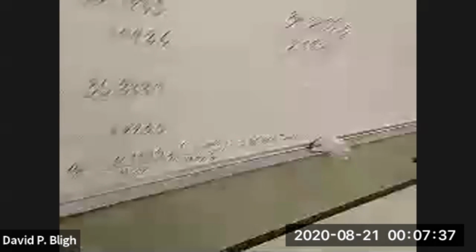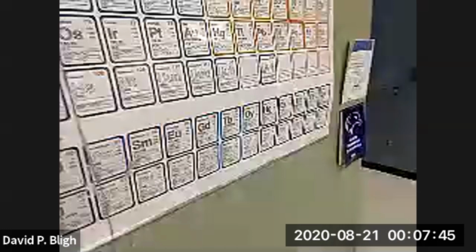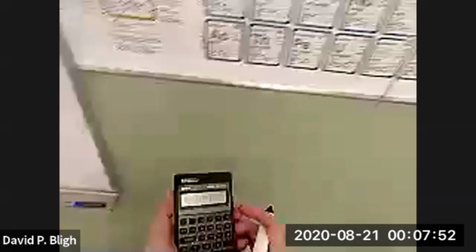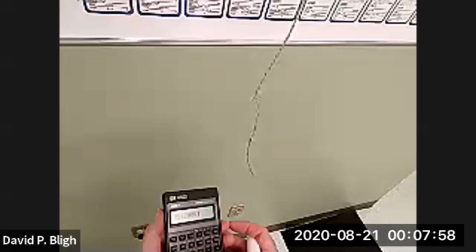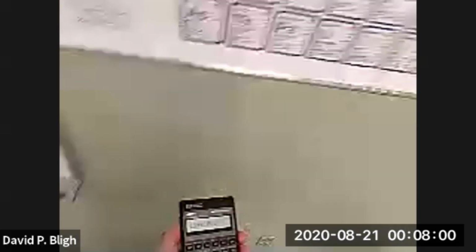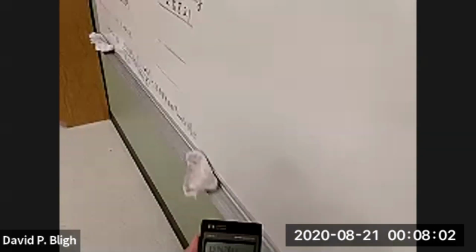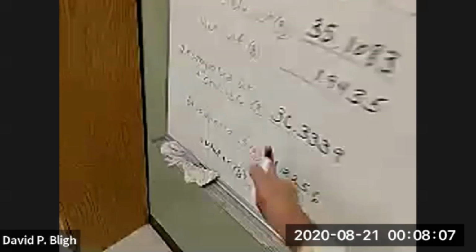All we have to do is add copper, sulfur, and 4 oxygens. All right, so let's see. Copper is 63.55. And sulfur is 32.07. And oxygen is 16 times 4, which is 64. So that's 159.62.